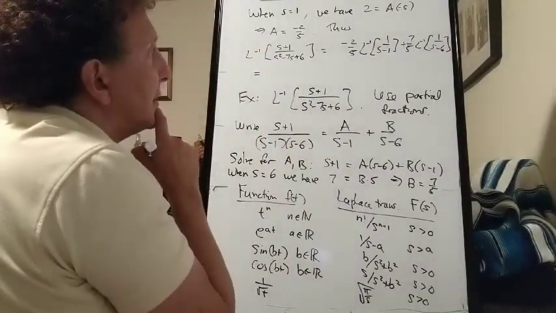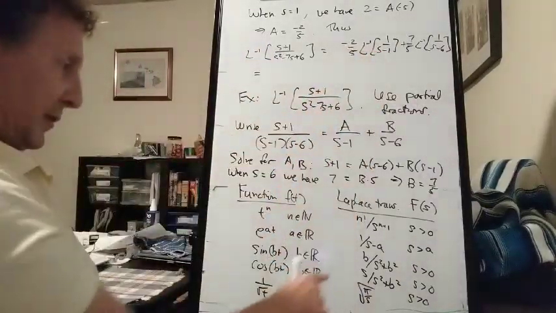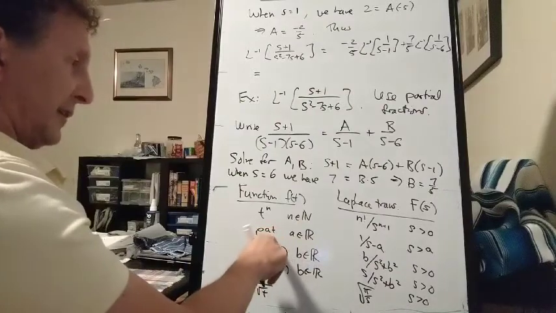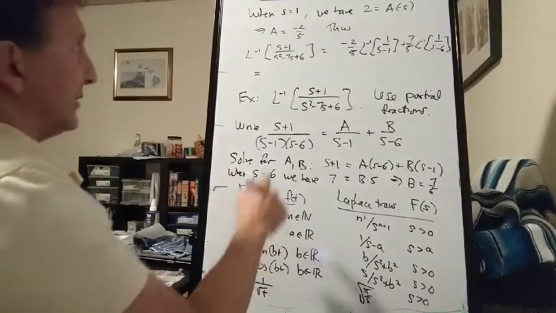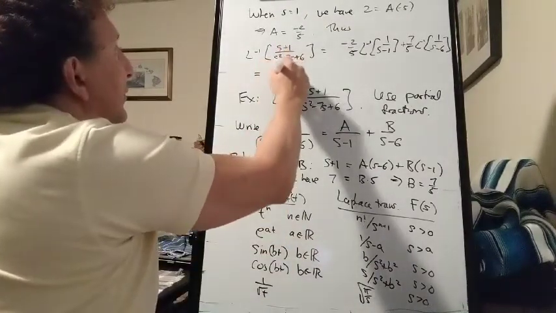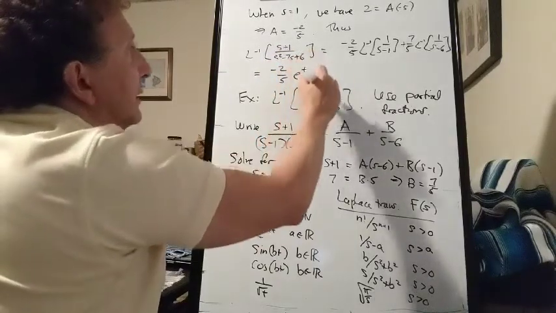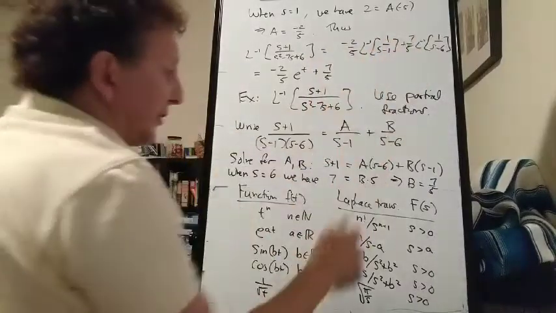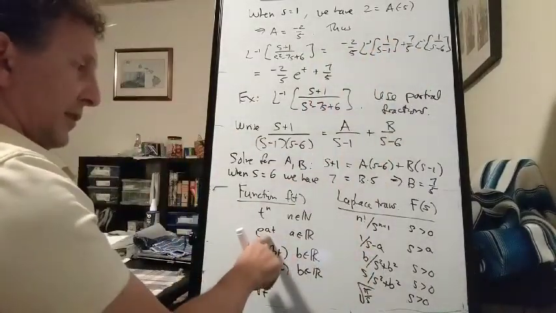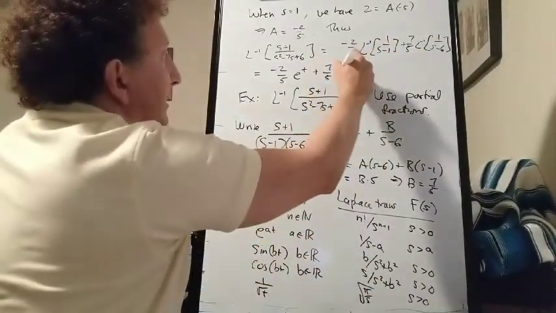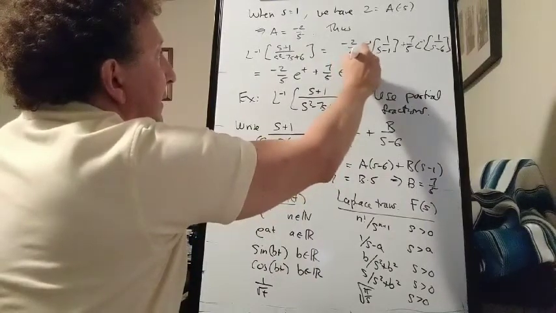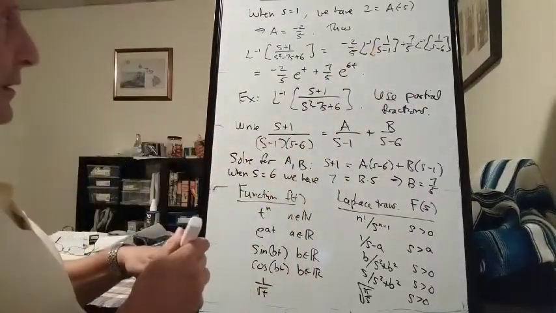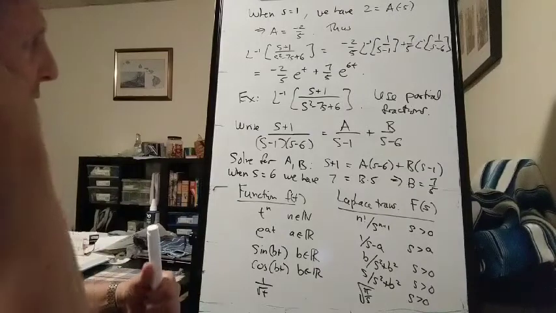And that equals, let's see, 1 over s minus 1 is going to translate into e to the t, e to the 1t. So negative 2/5 e to the t plus 7/5, 1 over s minus 6 is going to translate into e to the 6t. So there we have it.